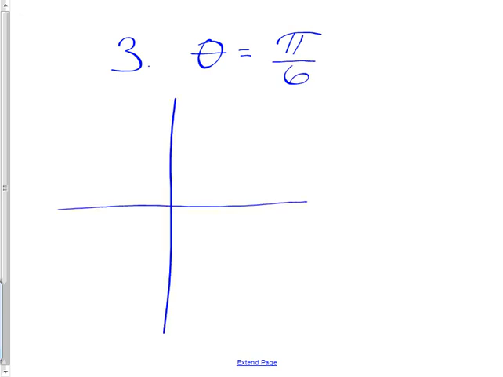Okay, read it, number 3. Theta equals pi over 6. All right, 1/6 of the way to pi. Here's pi. Pi over 6 is 1/6 of the way there, so it's not very far.